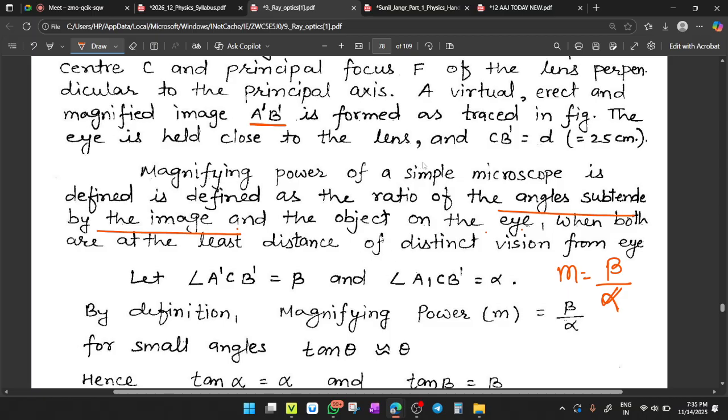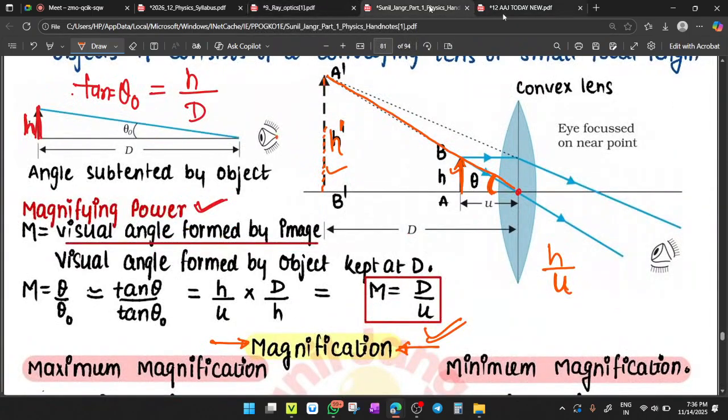This is when both are at the least distance of distinct vision. Yes, the image is also at LDDV, and you have to keep your object also at LDDV. Clear? When both the distances are at the least distance of distinct vision, it means you have to take both at LDDV.